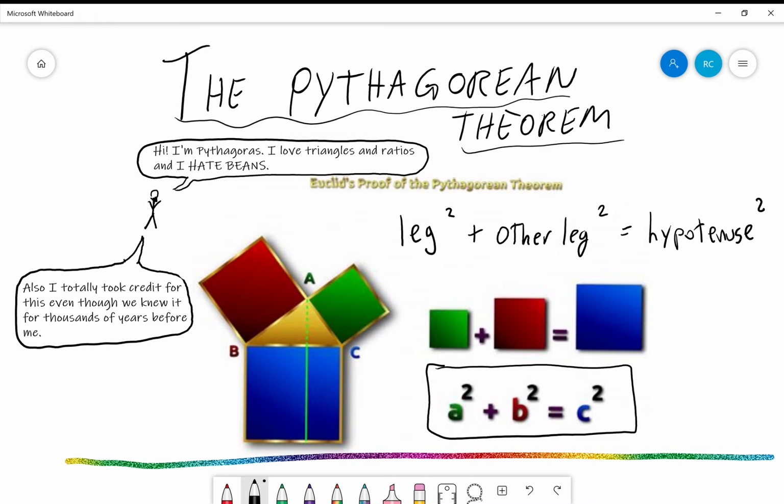That reminds me that A and B have to be the legs, and C has to be the hypotenuse. It doesn't really matter which leg is A and which leg is B, but for myself, I tend to choose the shorter leg for A and the longer leg for B just so that there's no confusion whatsoever.